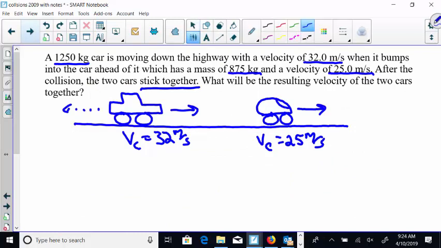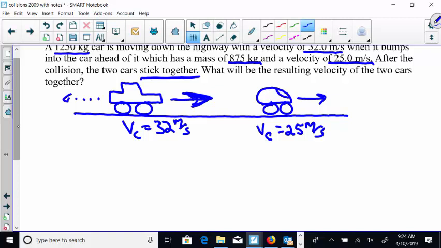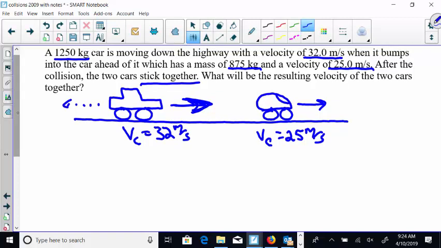So I'm going to keep moving in that direction. Again, you have to pay attention to what your masses are. The mass of this car was 1,250 kilograms. The mass of this car was 875 kilograms.